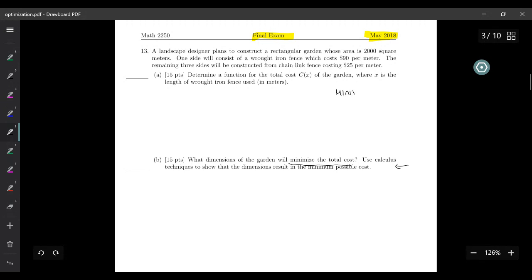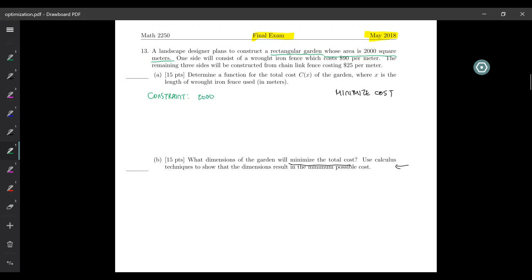So minimize cost, and then at the beginning of the word problem, it says that we have an area that's 2000 square meters, rectangular garden. So my constraint in this case is 2000.